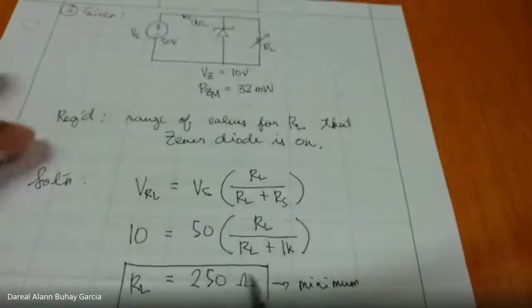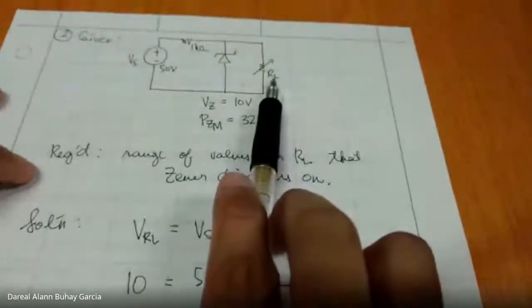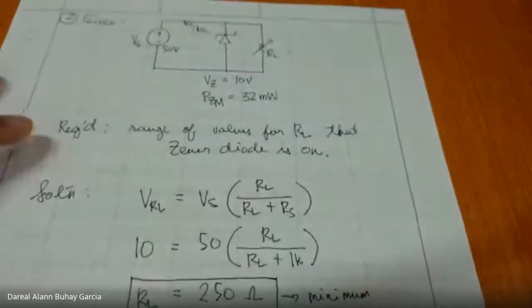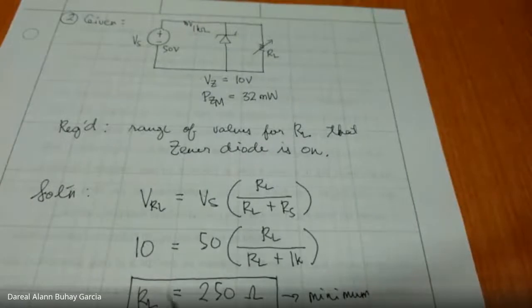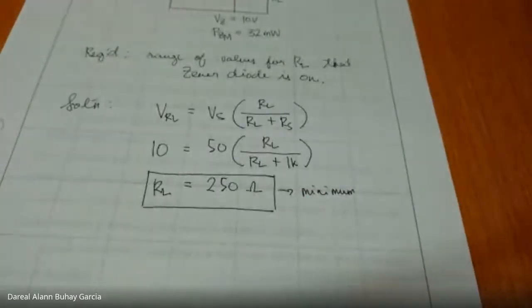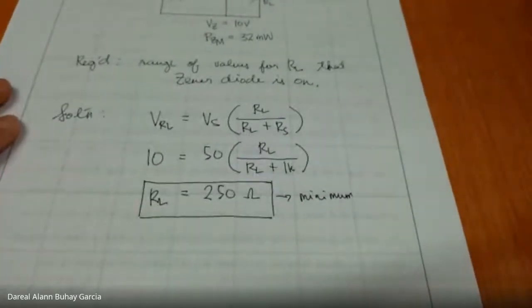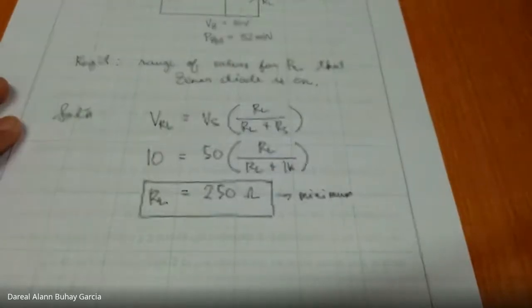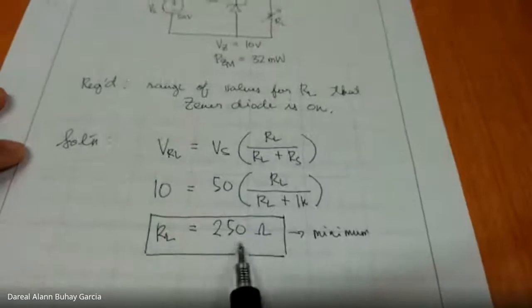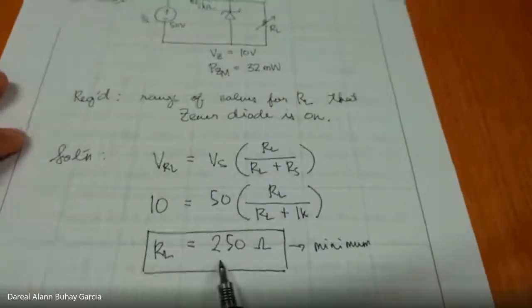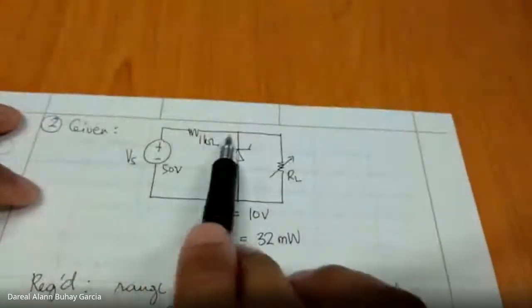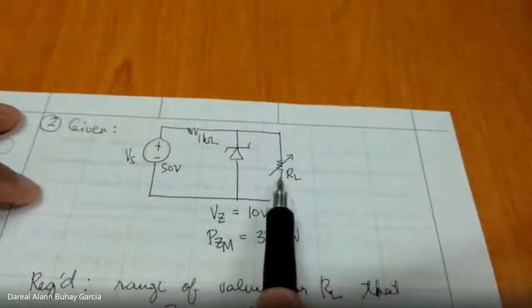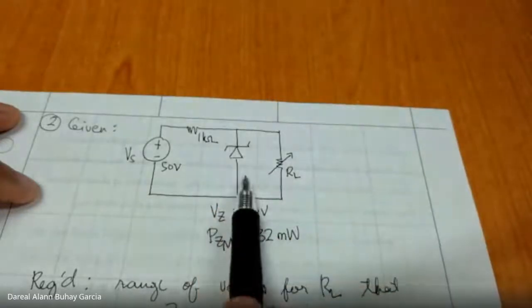So we could not say that there is an infinite amount of values that would make the Zener diode go busted. It is a finite value and easy to solve. So at 250 ohms, ideal condition, the Zener diode just turns on, and all the current flows through it.